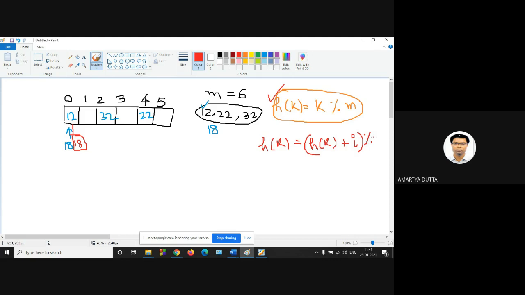So i is linear. If 18 and 12 collide in the 0th location, then the appropriate position for 18 is the next position. 18 will be placed there. This is the main essence of linear probing.